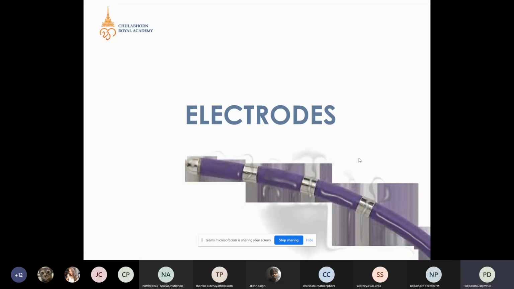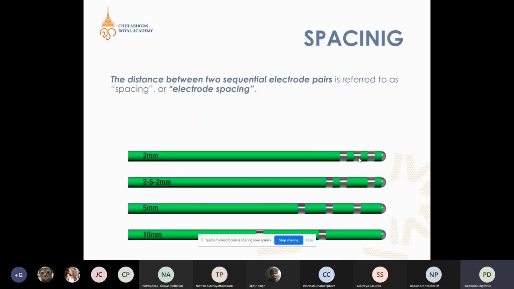Well, after we all know about the catheter shapes and catheter size, we should know more about the electrodes on the electrode catheters.